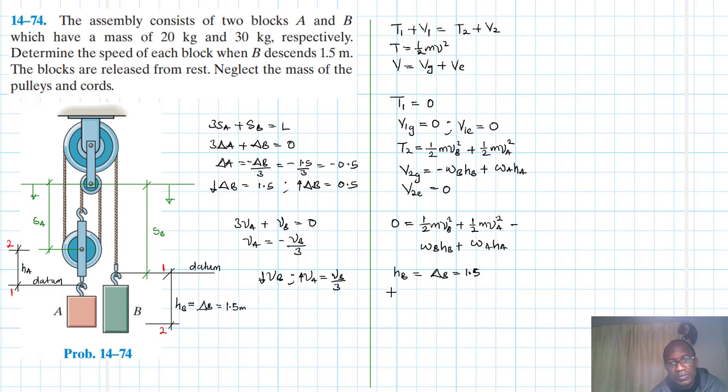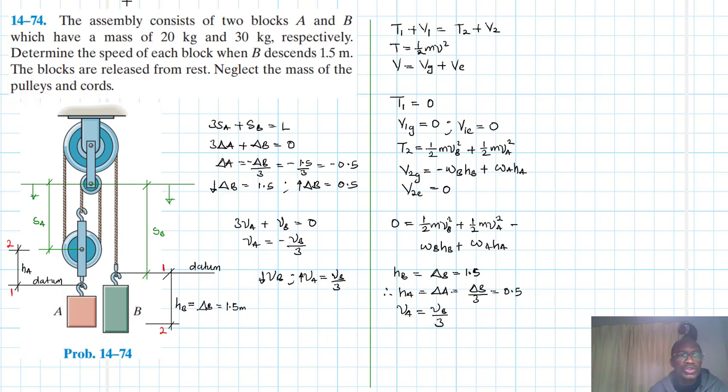And therefore HA is equal to delta A, which is just equal to delta B divided by 3, and this is equal to 0.5, remember? And then VA is just equal to VB divided by 3. Is that okay?